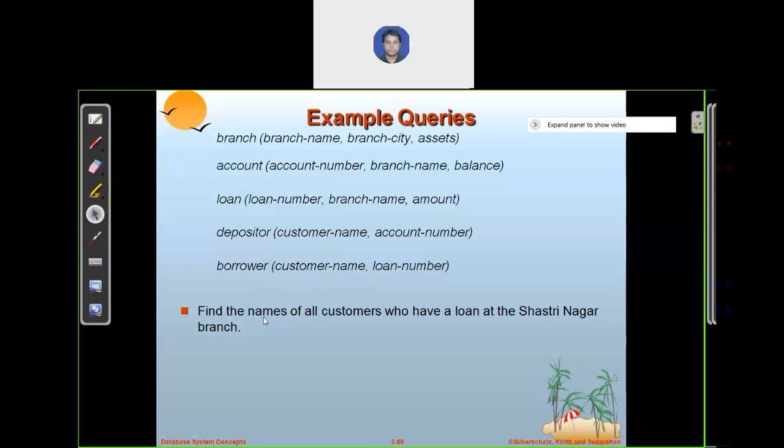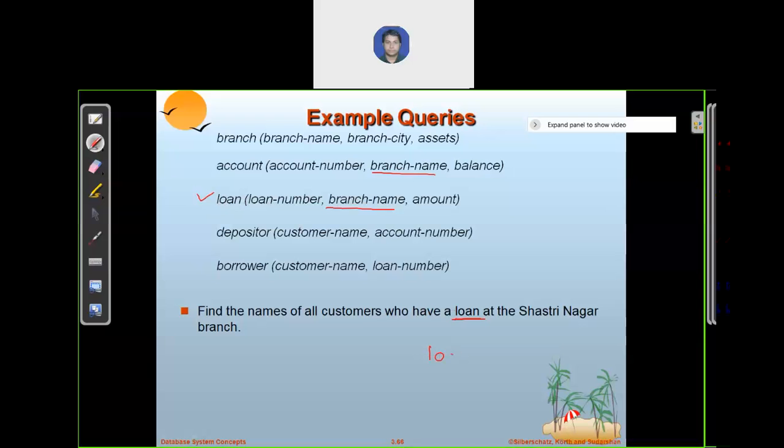First, see, is there any attribute branch name? This is the branch name attribute. In which relation do we apply our operation? Here it is asking for the loan, so we will apply this operation on the relation loan.